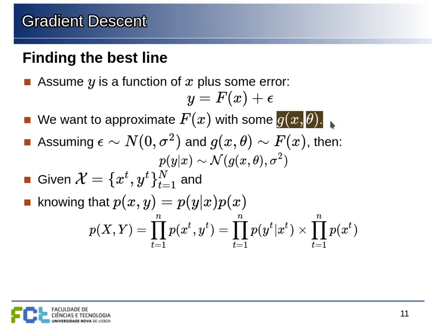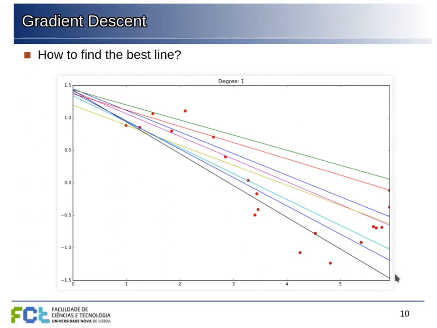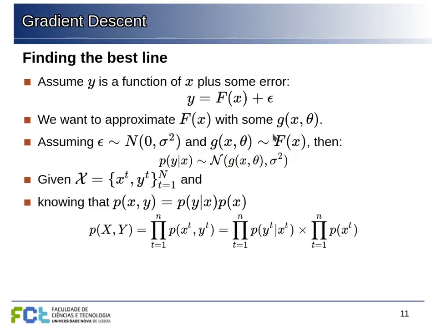Our line will be this function g that depends on the parameters we're going to select. These parameters theta are the slope of the line and the intercept that determines whether the line is higher or lower. So these are the parameters that we're going to choose in order to draw the best line. And this function, which results from setting those parameters, we want it to be as close as possible to this unknown function f that relates x with y.